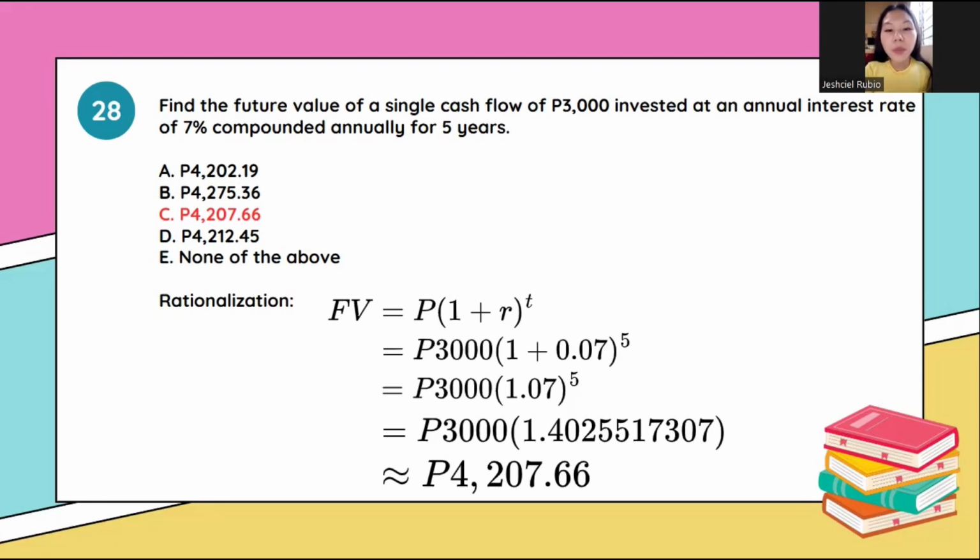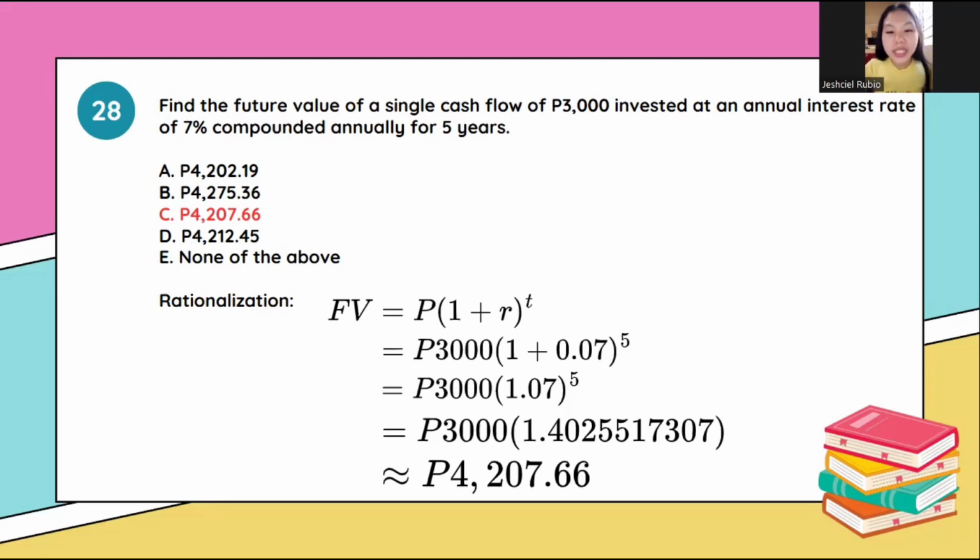So our formula is FV is equal to P times (1 plus r) to the power of t. P is equivalent to 3,000, and then copy 1 plus r, where r is 7%. Make it a decimal, so it becomes 0.07, and then t, or time, is 5.